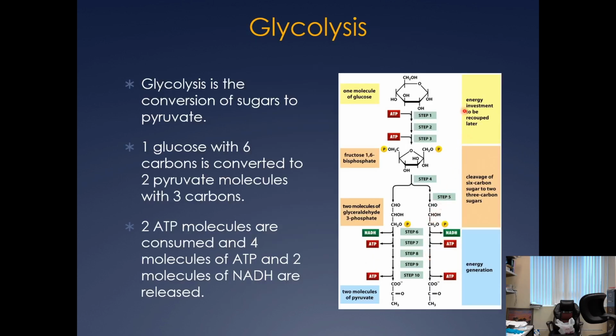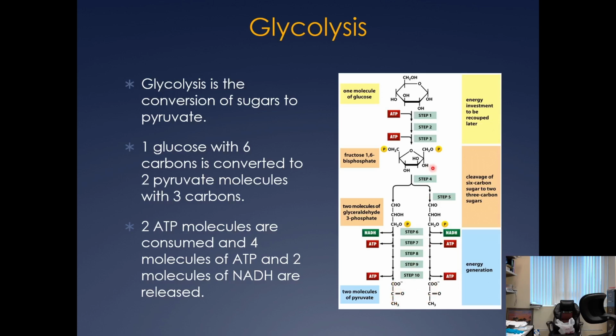Now, we already covered glycolysis, and that's basically the conversion of sugars to pyruvate. Here's the schematic. We did it early on. And once again, this is not a course in biochemistry or metabolism, so I don't necessarily need you to memorize this, but I do need you to appreciate that one molecule of glucose with 6 carbons is converted into 2 molecules of pyruvate with 3 carbons.